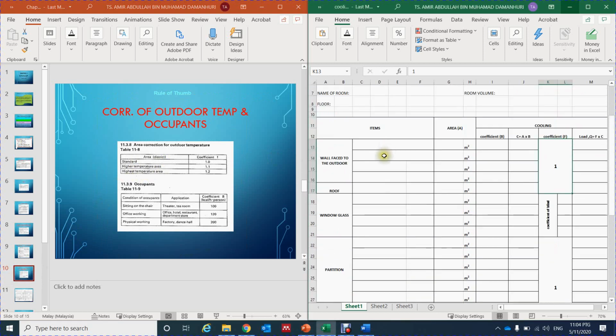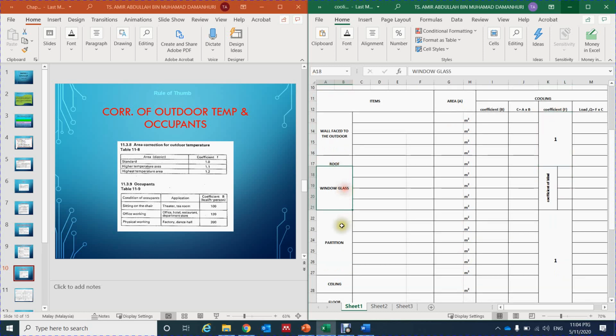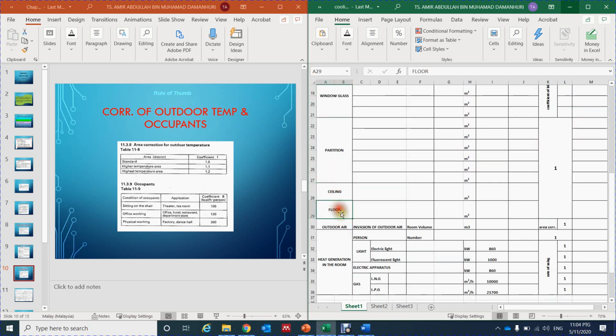So from the cooling load form, you can see we have the wall face to the outdoor, roof, window glass, partition, ceiling, floor, outdoor air here. This is the area correction for outdoor temperature. So for invasion of outdoor air, you have to get how much the room volume is.